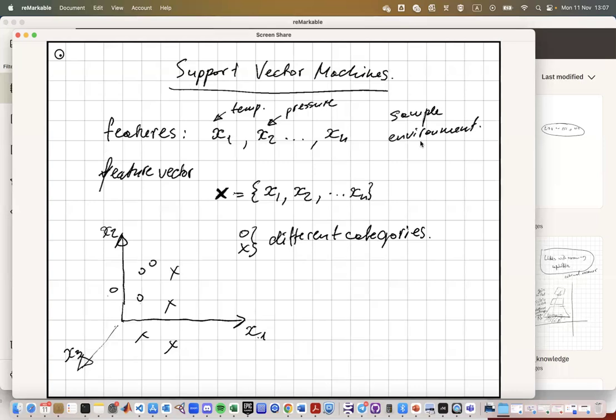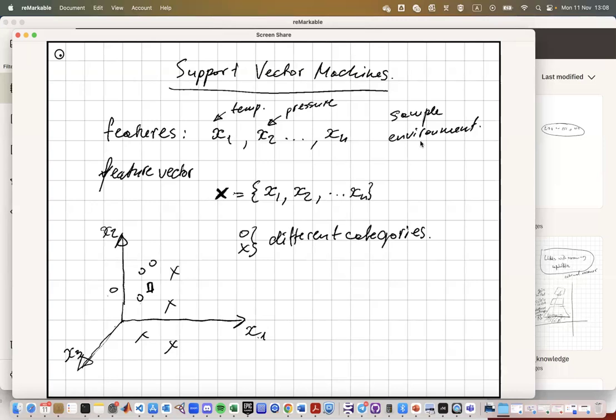And so now you have a new observation. Use another symbol. And you want to decide to which of the known categories it belongs.